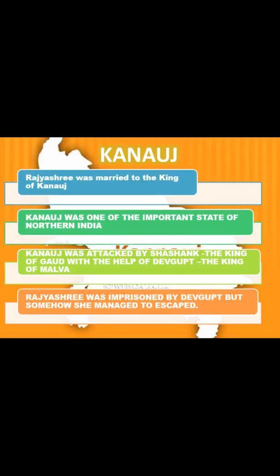Kannauj was one of the important states of northern India. Kannauj was attacked by the king of Gauda, Shashank, with the help of the king of Malwa, Devgupta. Rajyashri's husband died and she was imprisoned by Devgupta.